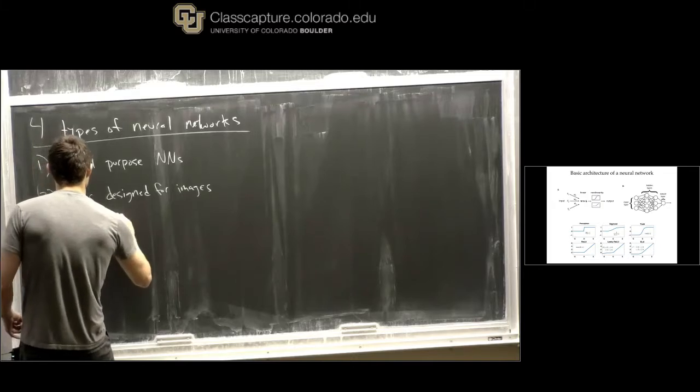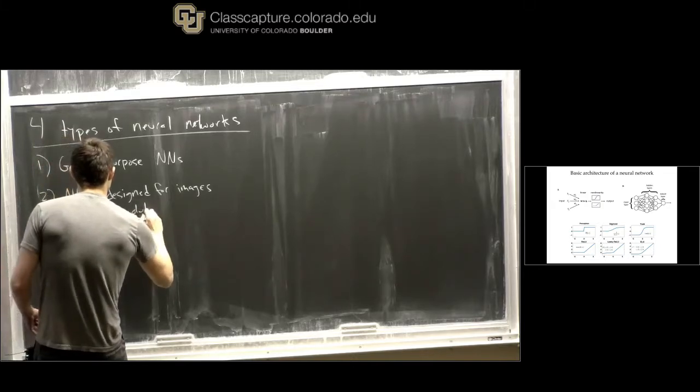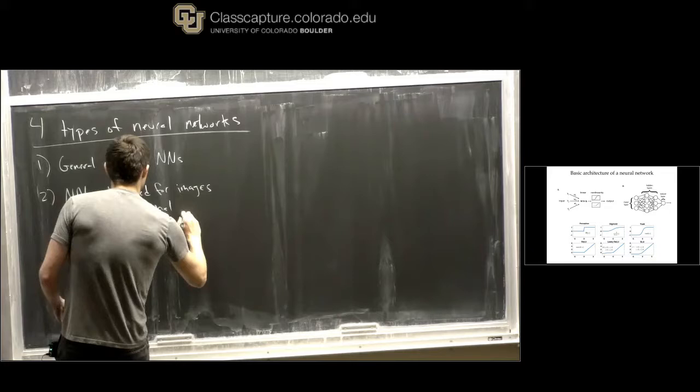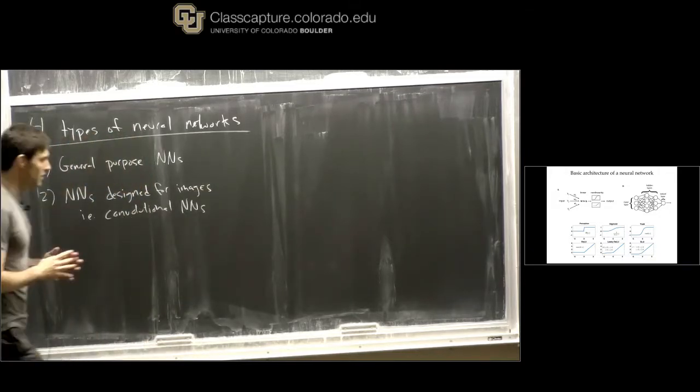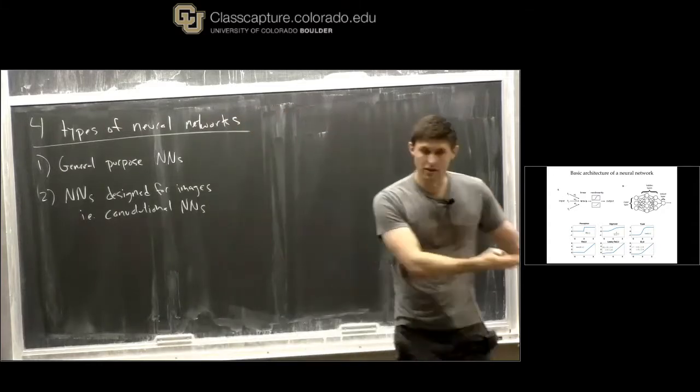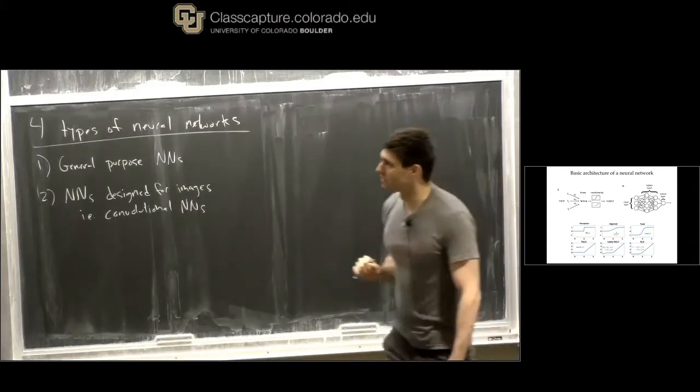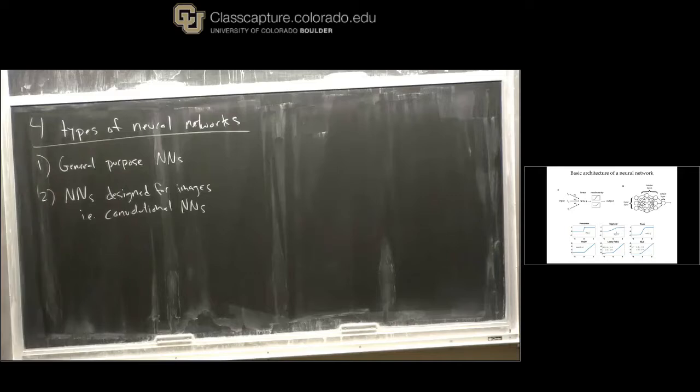So that's convolutional neural networks. In general, if you know something about your data, like Ilya was saying before, that can inform the kinds of decisions you make, say, in the nonlinearities or aspects of the architecture.